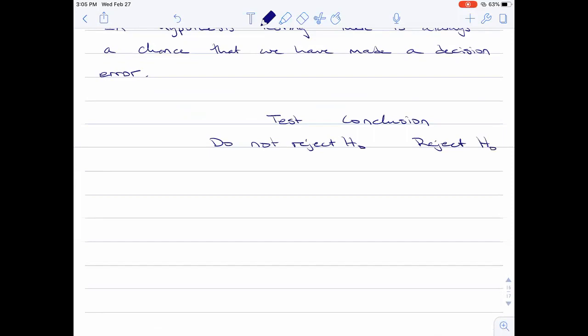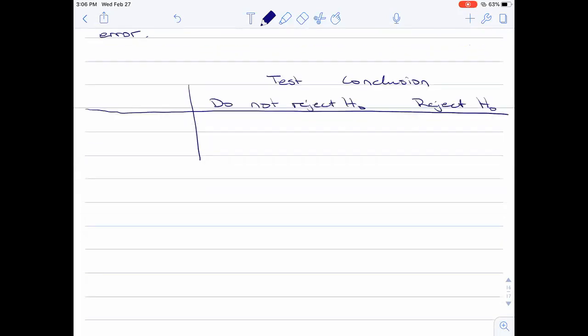Those are your two options for what you did in your hypothesis testing. On the other hand, H0 is true or H0 is false. We don't know.